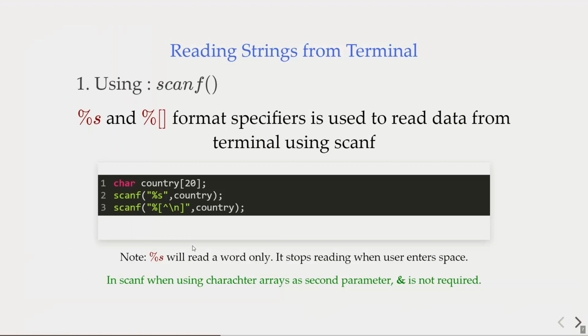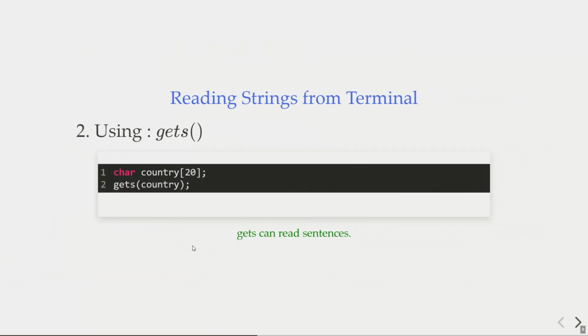I hope you understood the difference between the %s and the other format specifier. This was the first method of taking input, using the scanf command. Next we are going to see how to take input using another function called gets, which stands for get string.